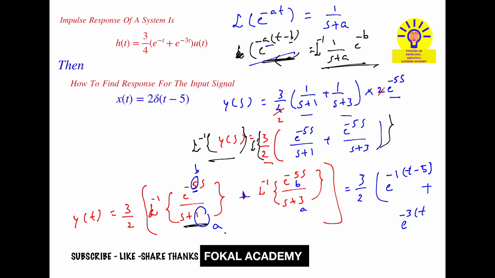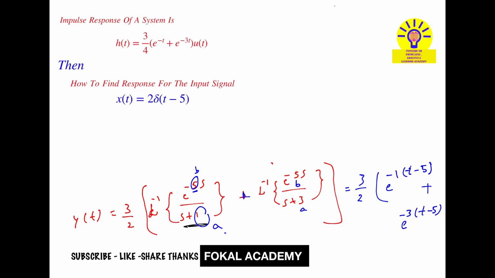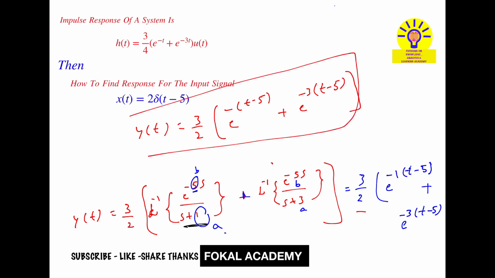So Y of t is 3 by 2 into e power minus of t minus 5 plus e power minus 3 into t minus 5. This is the response for the input x of t.